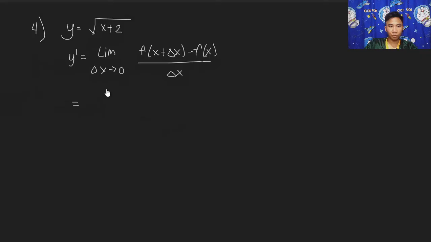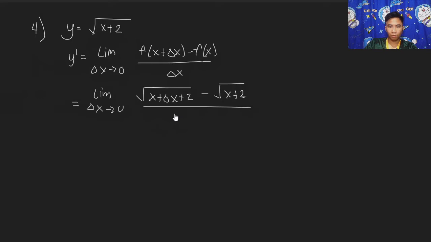So, by substitution, it becomes square root of x plus delta x plus 2 minus the original function, square root of x plus 2 all over delta x.